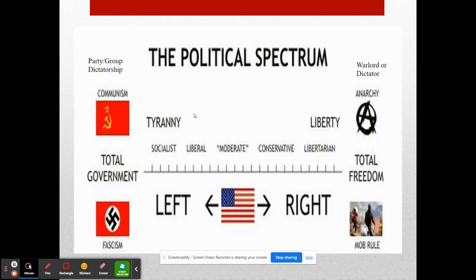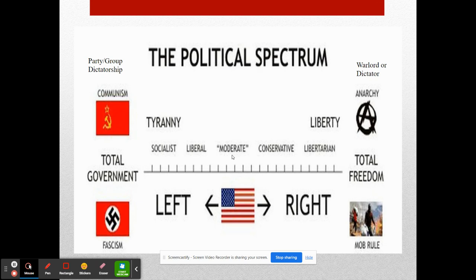So the linear view says that political extremes fall on a line. They go from the left side of the line to the right side of the line, and the center of the line are what are called the moderates.